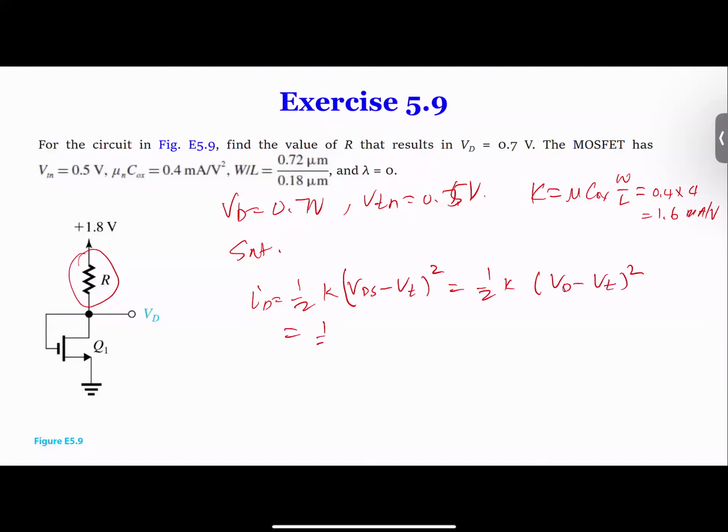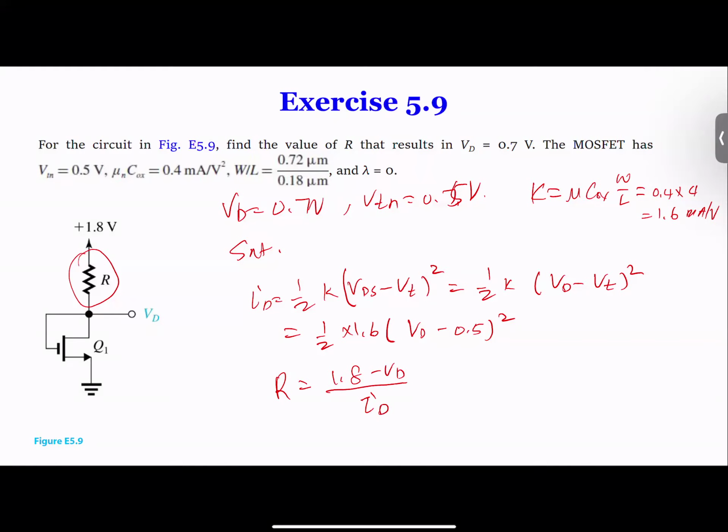And then we're going to plug in all the numbers: 1/2 times 1.6 times (VD minus 0.5) squared. Find the value of R. So R is basically equal to 1.8 minus VD, divided by ID, right?